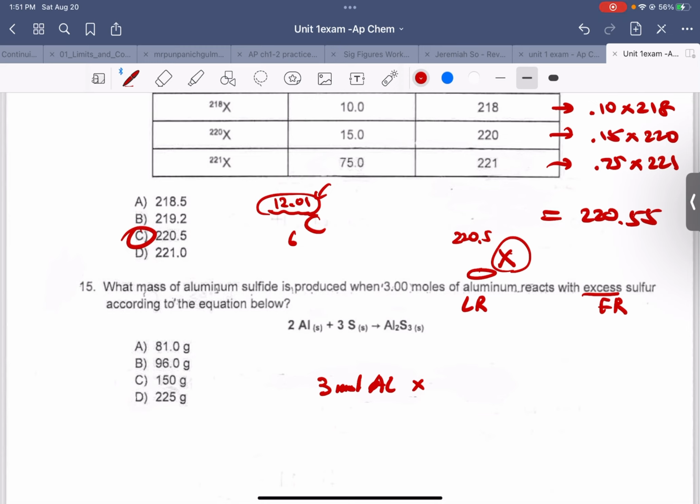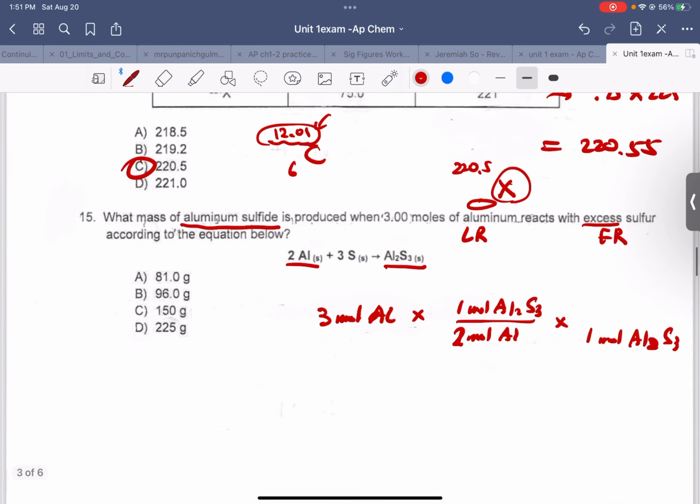Now the question is, what mass of aluminum sulfide? They give you a molar ratio: 2 moles of aluminum gives 1 mole of aluminum sulfide. Then the mass is per 1 mole of aluminum sulfide, so you need to find the molar mass of that.